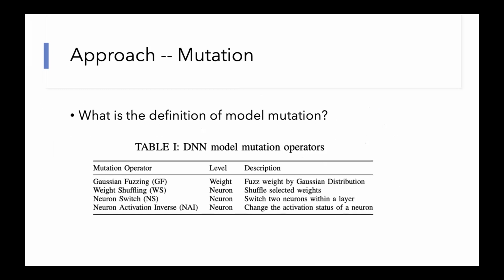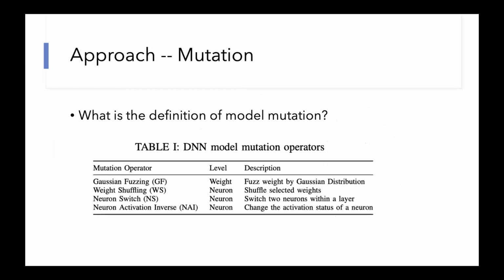The paper further defines four types of mutations they are going to use. Gaussian fuzzing, which replaces the weights with randomly generated normal numbers. Weight shuffling, which is to shuffle the weights. Neuron switching, which just switches the weights of two neurons.